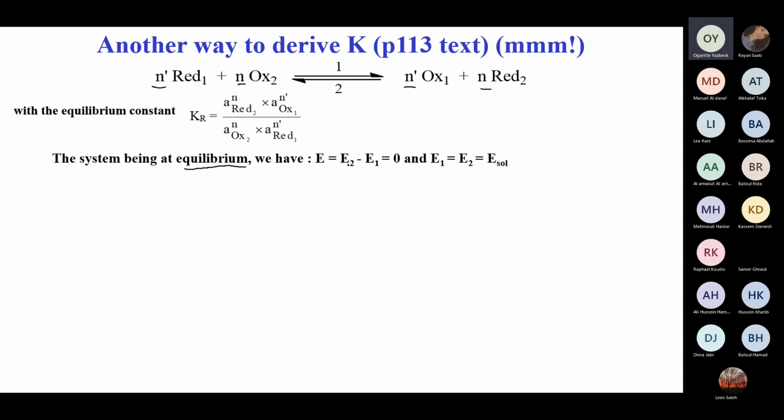And that tells me that E2 minus E1, or actually, overall, E of the reduction half reaction minus E of the oxidation half reaction becomes zero. Thus, E of the reduction half equals the E of the oxidation half, and we call this E of the solution.